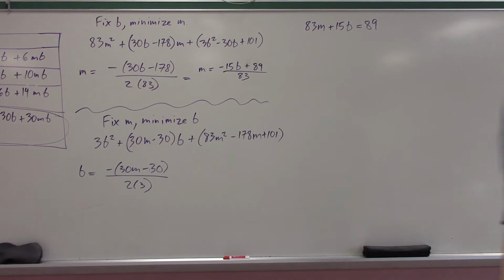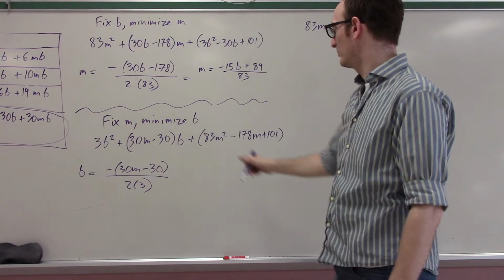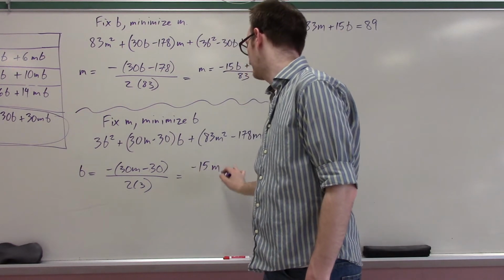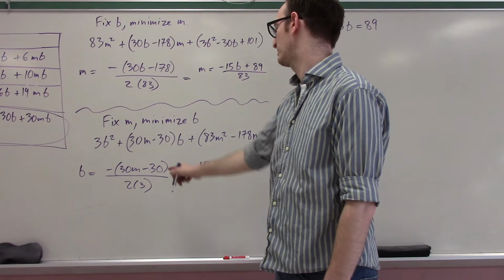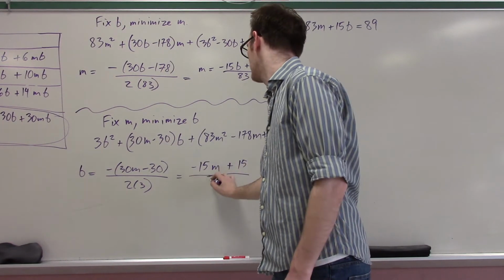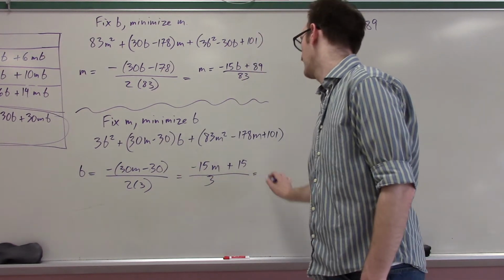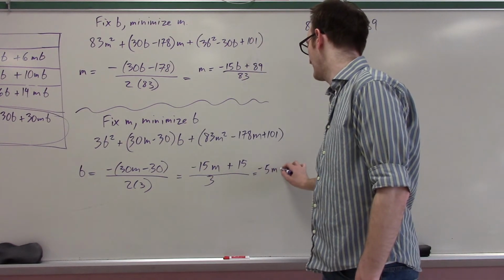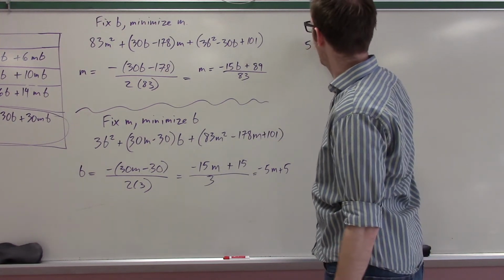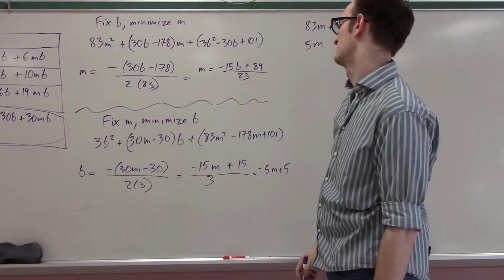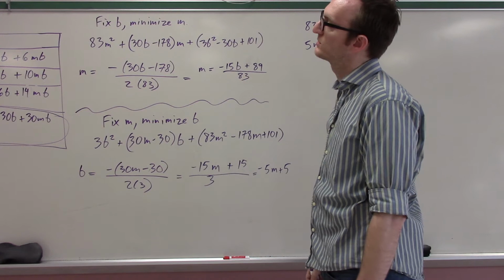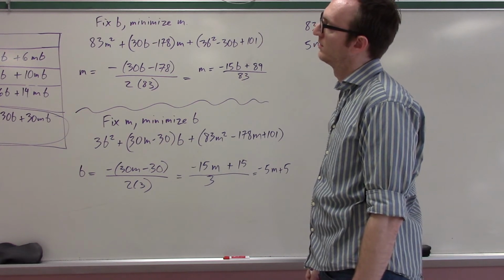Yeah, anyway, okay. And over here, we can also clean this up a little bit. We can divide by 2. I get negative 15m, and then that's plus 30, so plus 15 over, oh, actually I could have divided this through even easier. This is just negative 5m plus 5. So here I get the equation 5m, that's right. Okay, hope so.